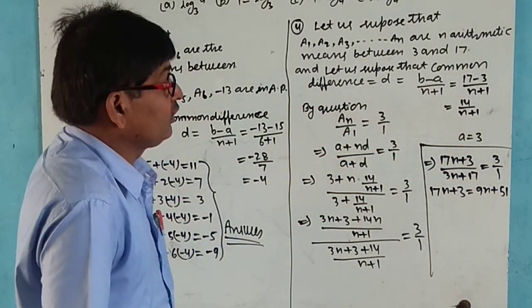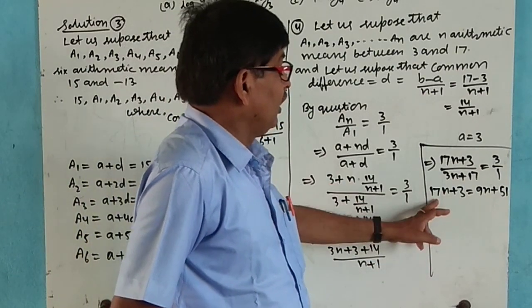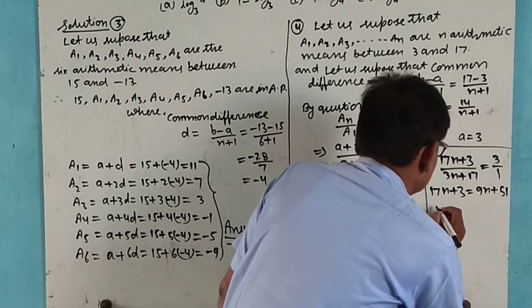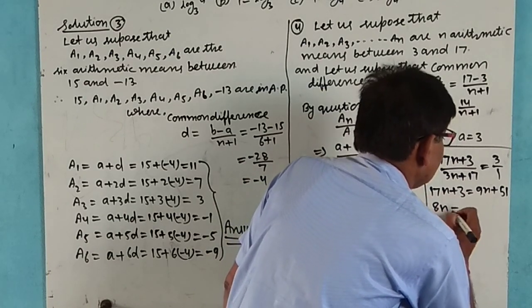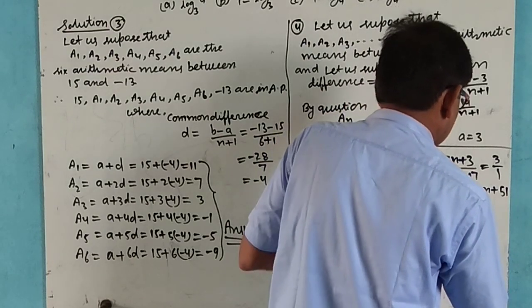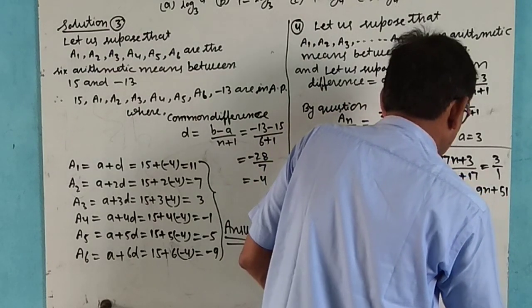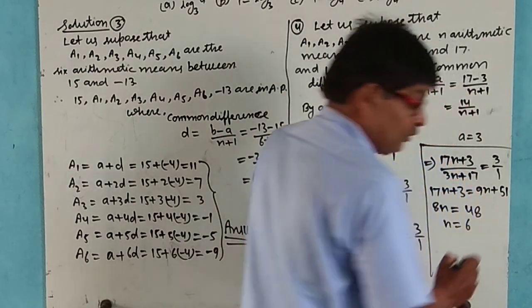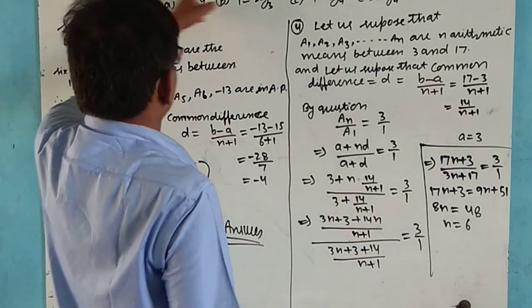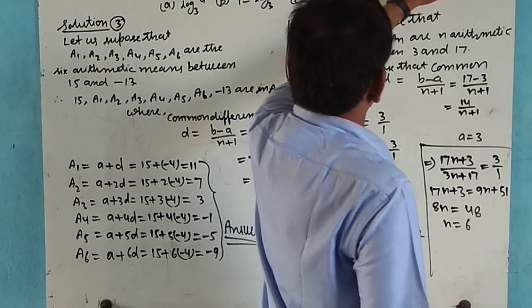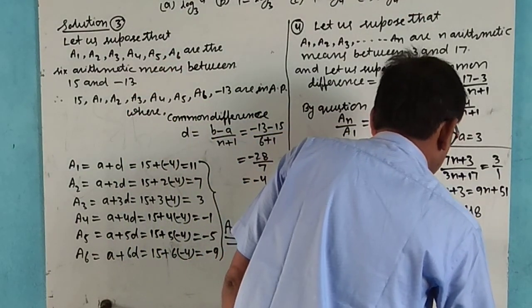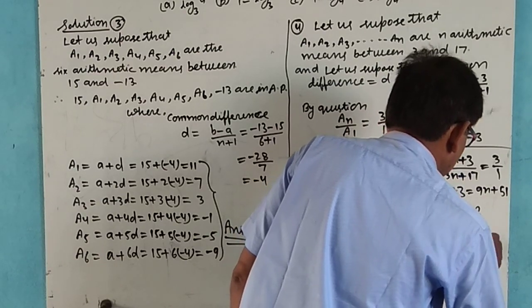So 17 minus 9, 8n equal to 48, so n is equal to 6. So the value of n is equal to 6. This is our answer.